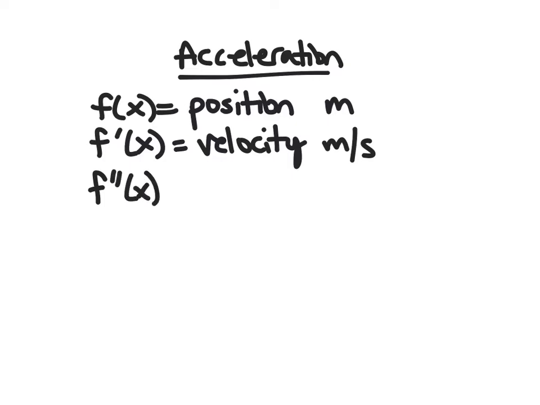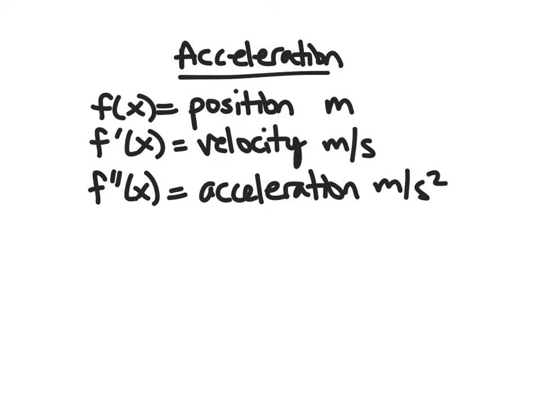The derivative of the derivative is acceleration. This is going to be written as meters per second squared, which you can think of as meters per second, or the rate of change of the velocity over time.